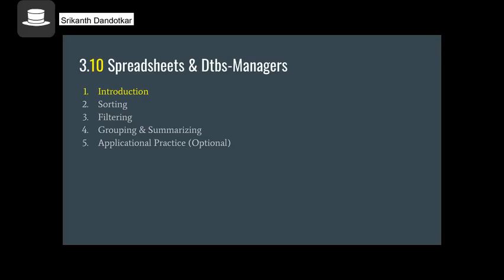So these are the things that we'll talk about. First, we'll talk about introduction in the next slide, where we will list the things that we will discuss in general, and also where you can download the data file from. And then we'll talk about such data management and manipulation functions of Excel, including sorting, filtering, and finally grouping and summarizing.